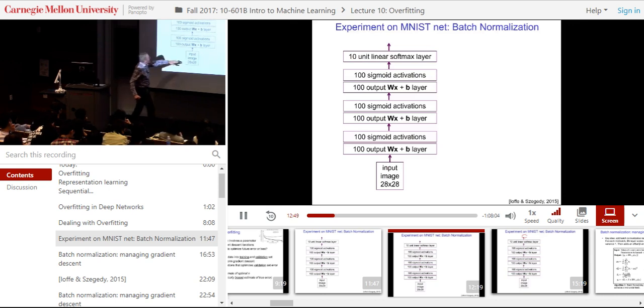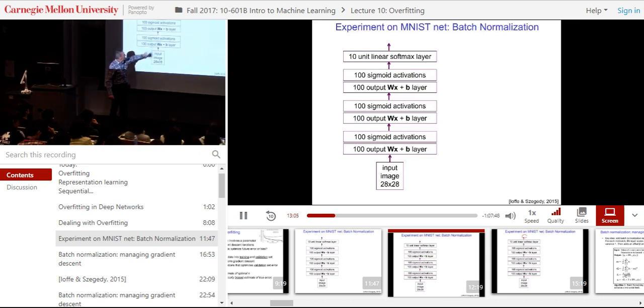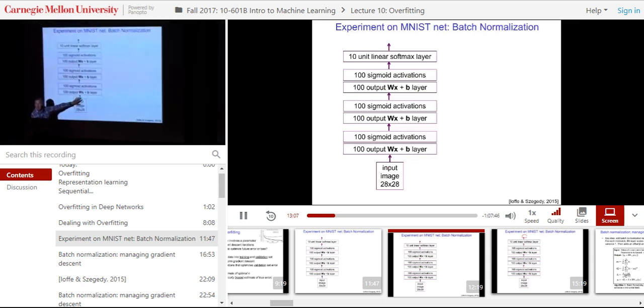They train a network, which is shown here. So they have an input image, which is 28 by 28. They use 100 hidden units, which have the usual linear function of the input. This, by the way, is not a convolutional network.